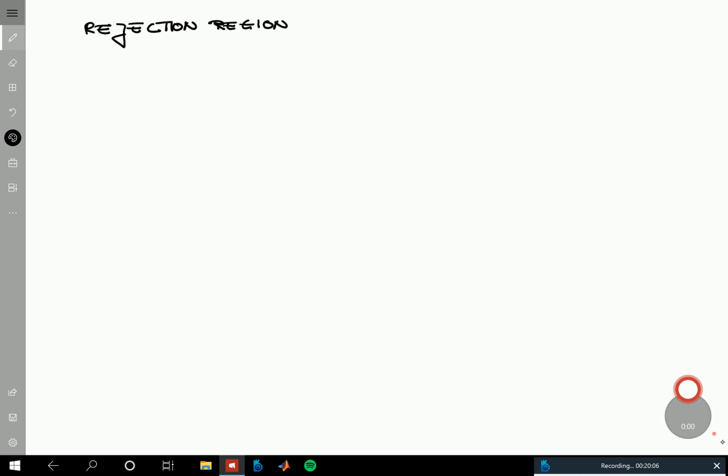So the rejection region of a test is just that subset of the test statistic outcome space for which the test rejects the null hypothesis.